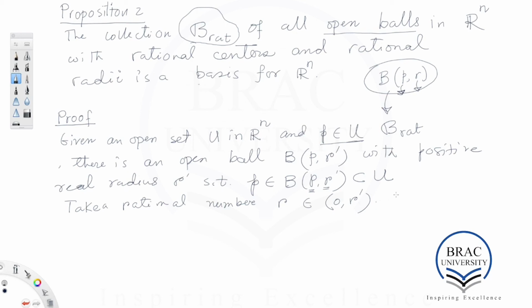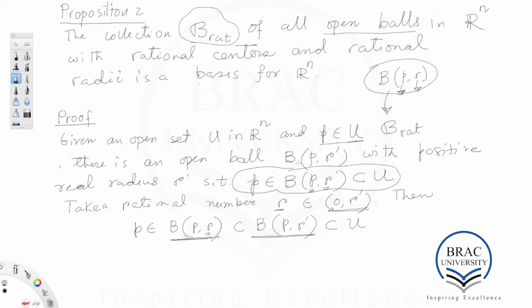So if you do that, then one can immediately see that P is in B(P, R), where R is that rational radius, and this ball is going to be contained in B(P, R prime), since R is a rational number in this open interval (0, R prime). So this ball is going to be contained in this ball, and B(P, R prime) is contained in U, of course, by our previous argument.